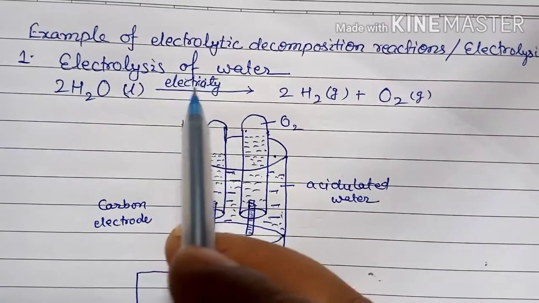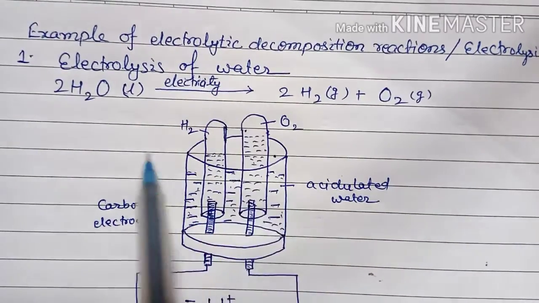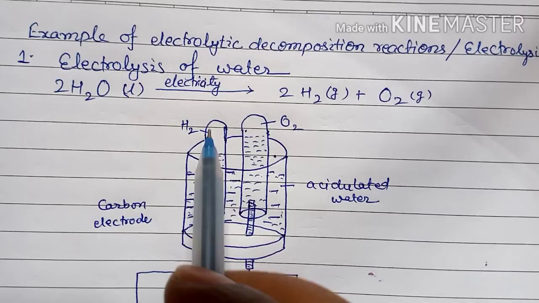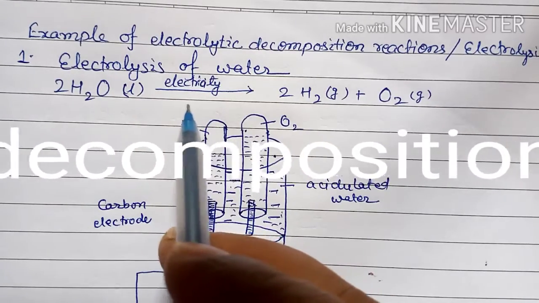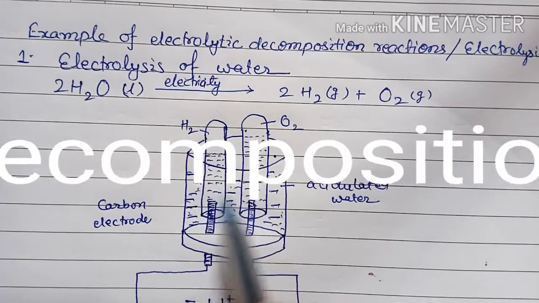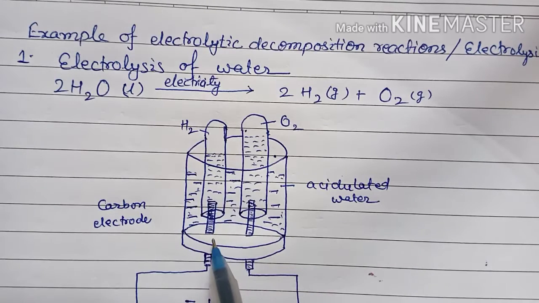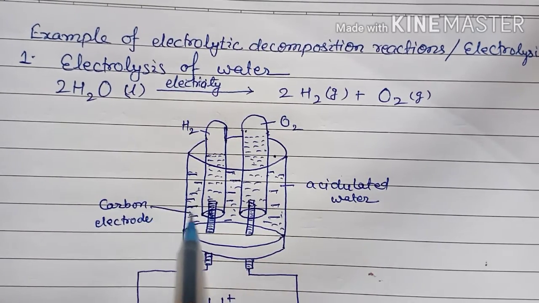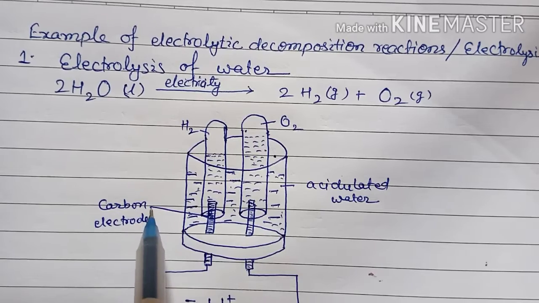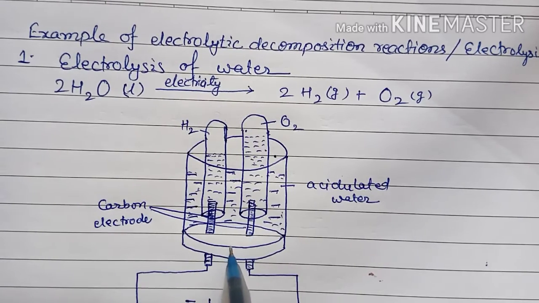For that, we take a plastic mug, drill 2 holes at the base of the mug, insert 2 carbon electrodes into these holes, and connect these electrodes.